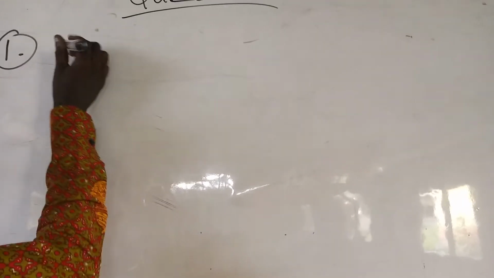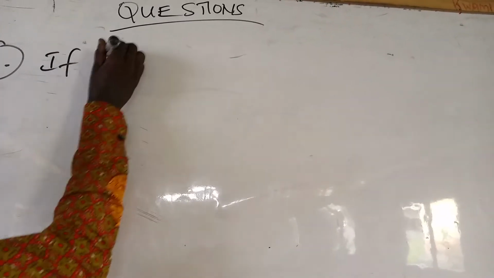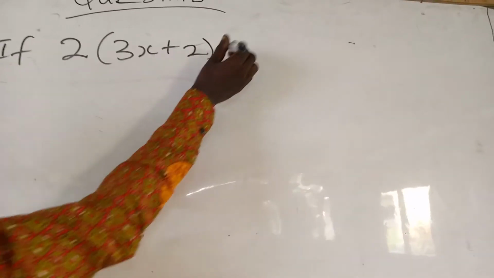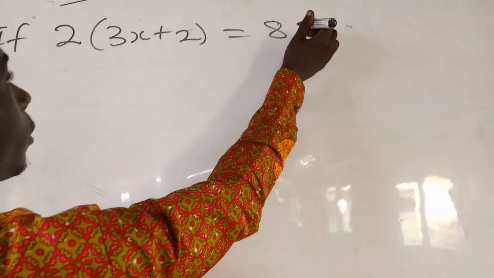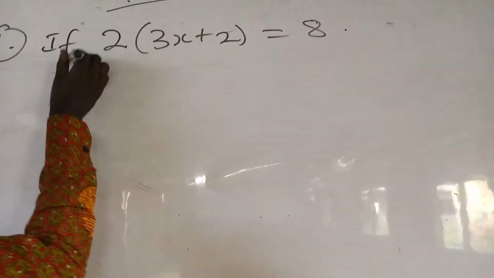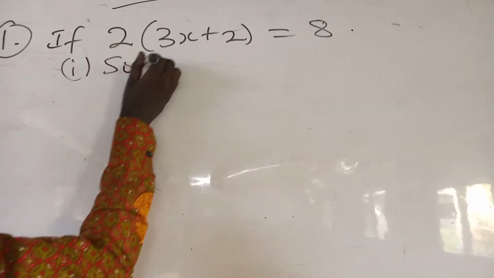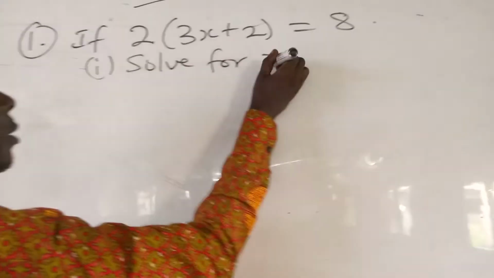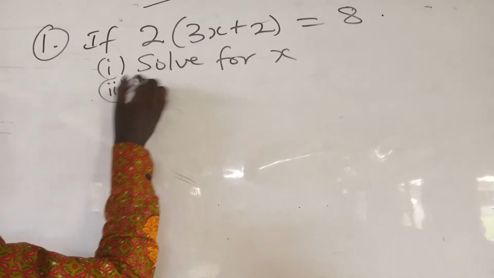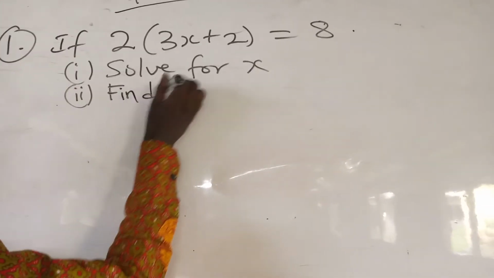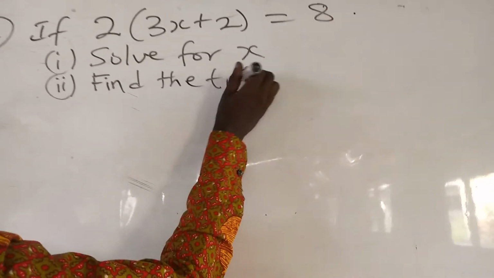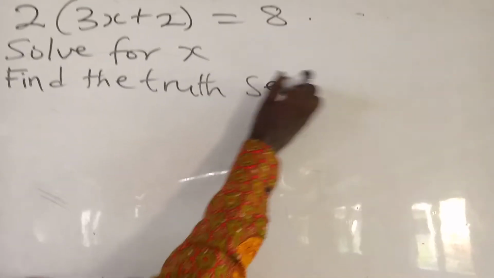1. If 2 bracket 3x plus 2 bracket close is equal to 8, solve for x. Find the truth set.